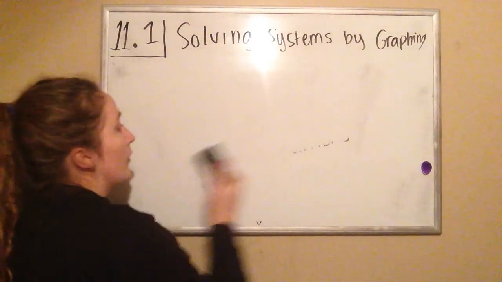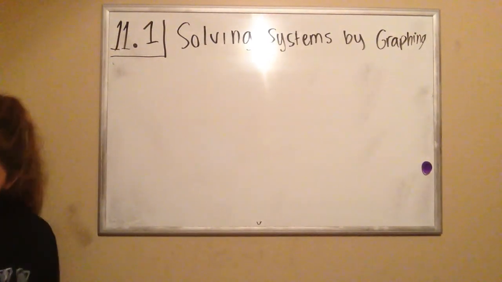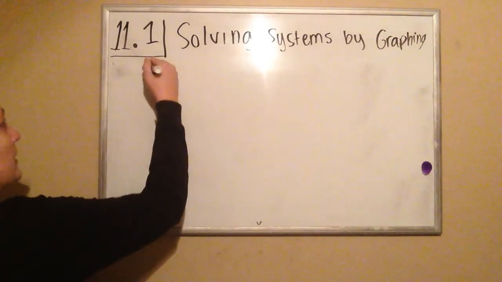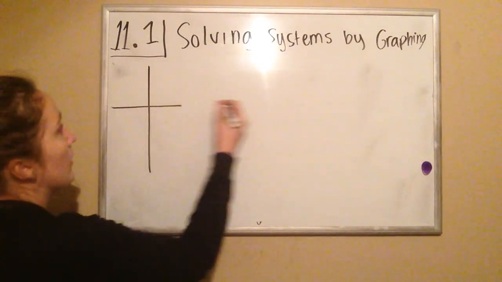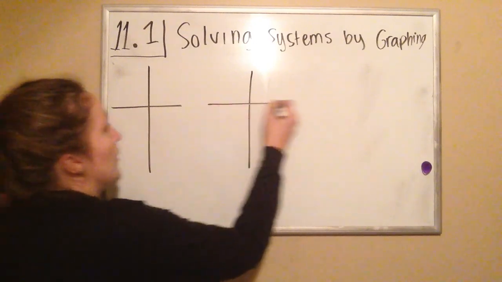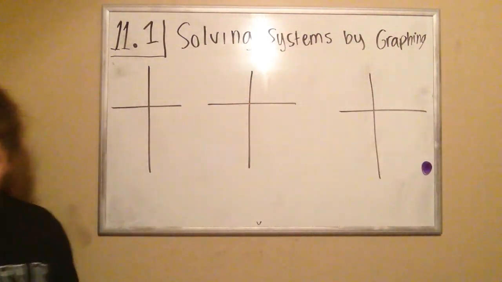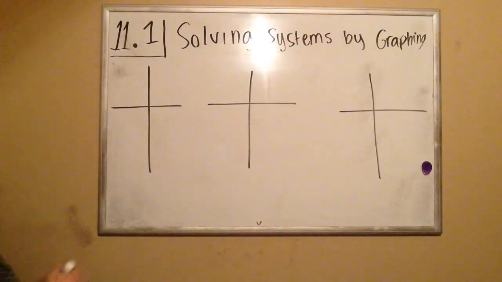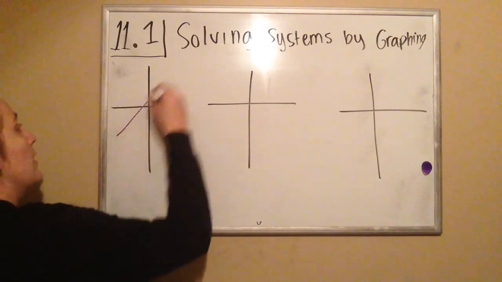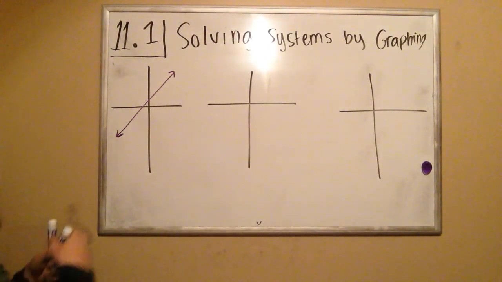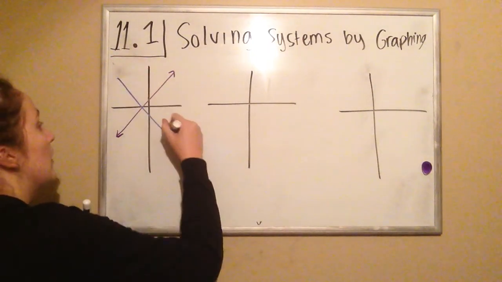Okay, so moving back to thinking about systems and solutions of systems, I'm going to give you guys 3 examples here. Each one of these is going to be a system of equations. So the first one, I'm going to have 2 linear equations.